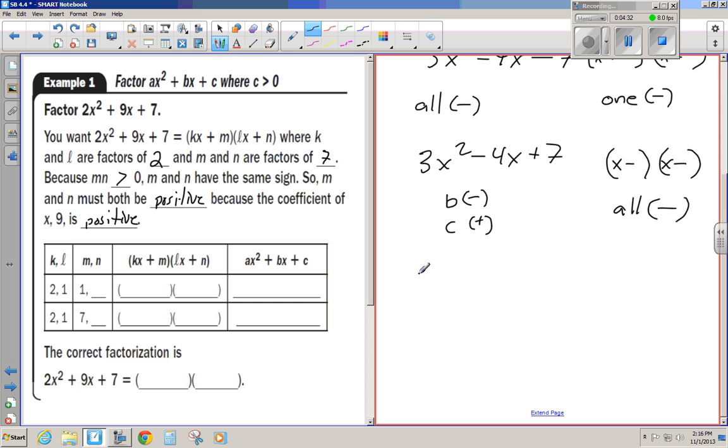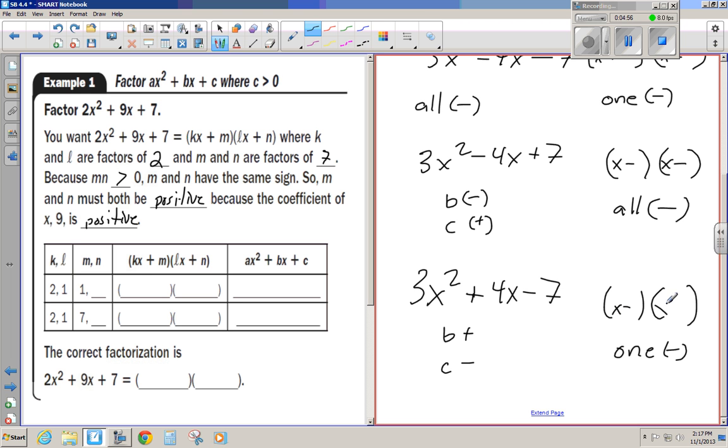The last possibility would be this, and this time you would say b positive, c negative. You're still going to have one negative over here. Okay? So that's just one way to look at it, to make sure your signs make sense. That's why here, this is plus plus, so all of them are going to be positive.